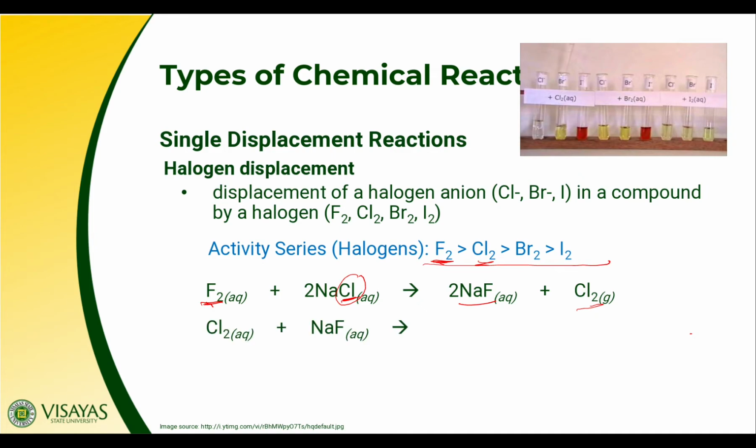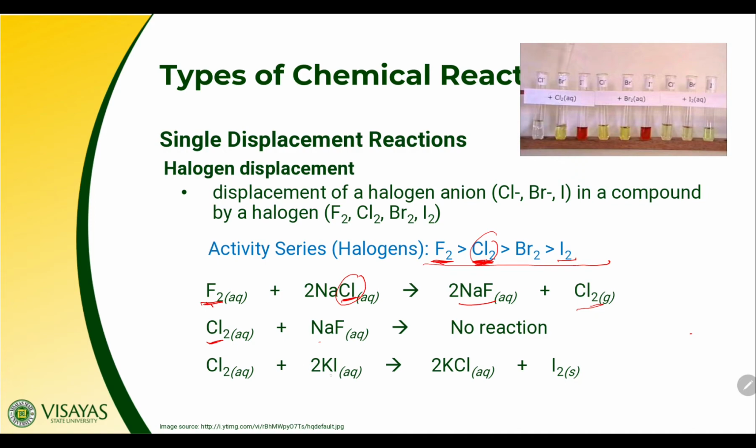Now, when we put it the other way, we have chlorine plus sodium fluoride. Since chlorine here is lower than fluorine in the activity series, chlorine cannot displace fluorine, so there is no reaction. Another example, chlorine plus potassium iodide. In the activity series, chlorine comes first before iodine, so chlorine can displace iodine.